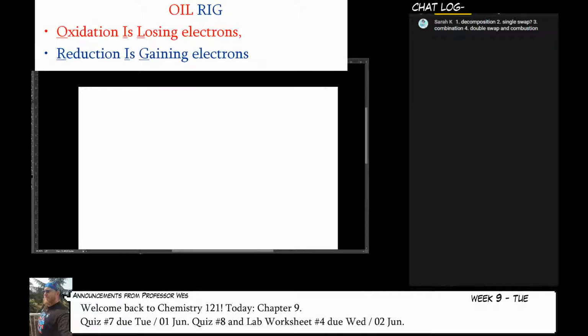Yeah, let's do this one. So on the previous slide, when I asked you to categorize reactions, I gave you this. And I got to balance the equation here. So there we go.